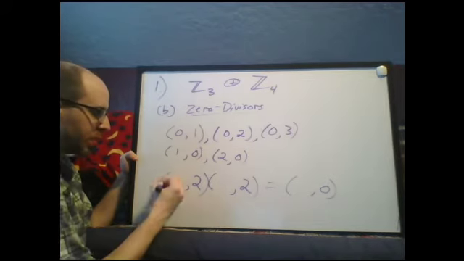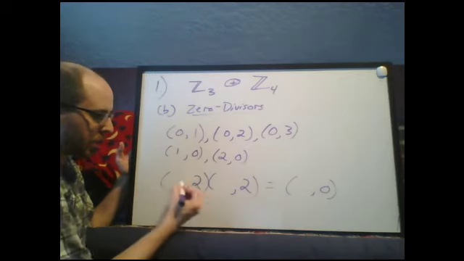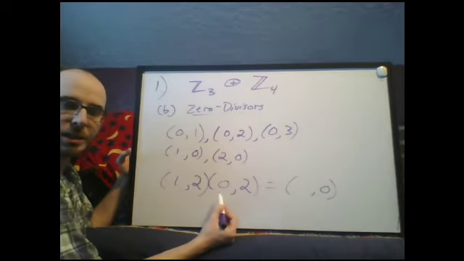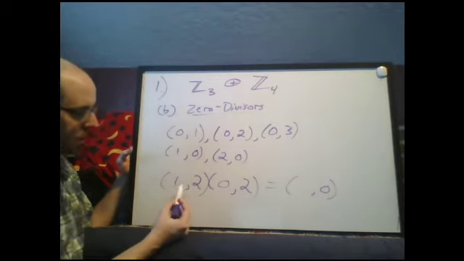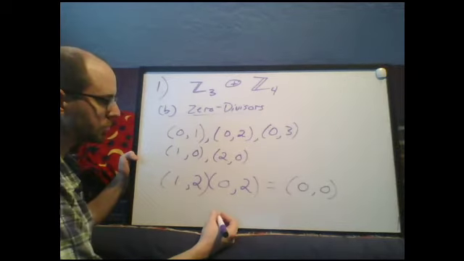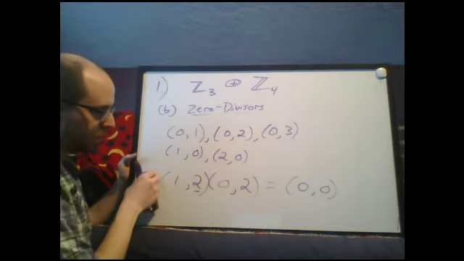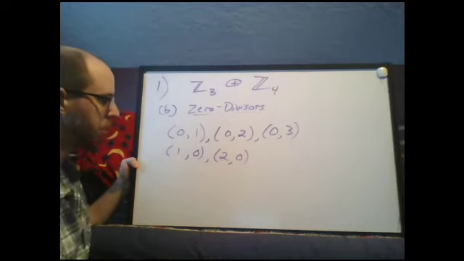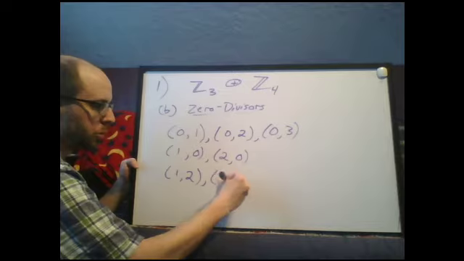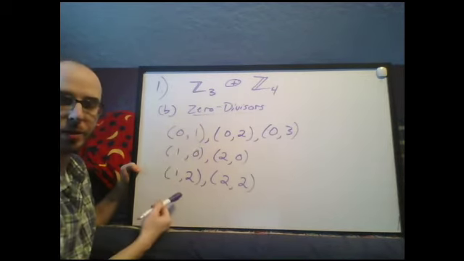And then the first coordinate can be anything, because I'm free to put a 0 here. So if I put a 1 here, I can kill that off with a 0 without making the second pair fully 0. So (1,2) times (0,2) would give me (0,2). So having a 2 in the second coordinate is also enough to make a 0 divisor. Okay, so (1,2) works, and also (2,2) works. So these are also 0 divisors in the direct sum.